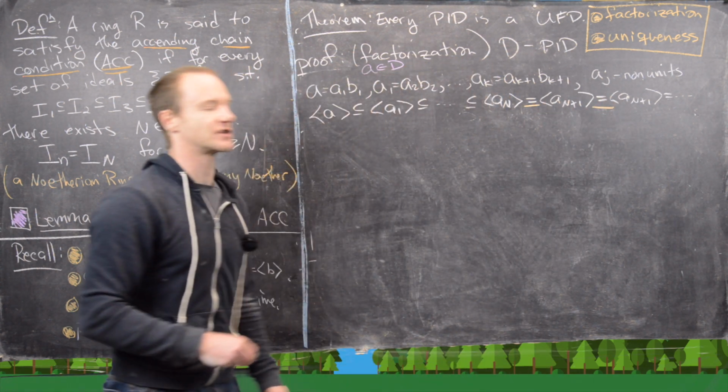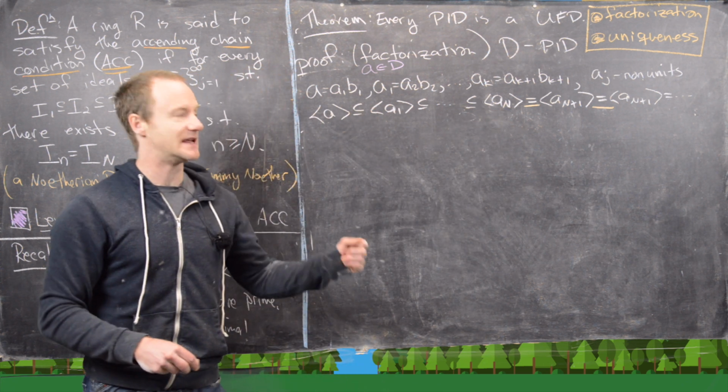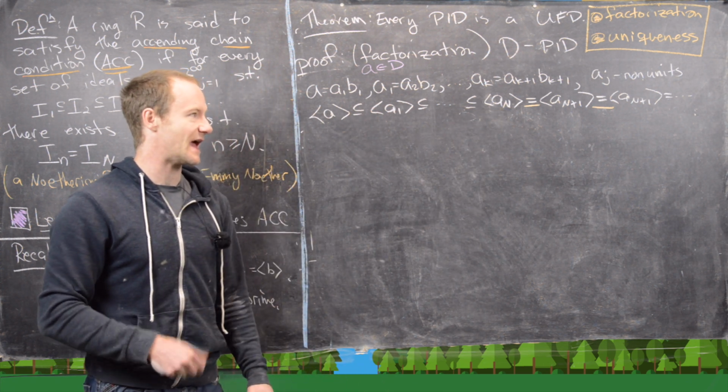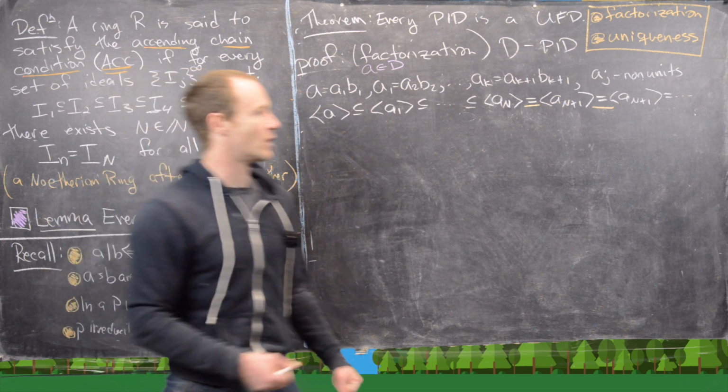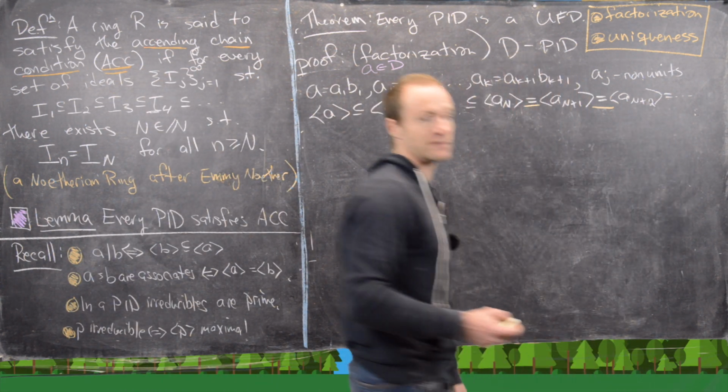In other words, after a certain point, they are all the same. So we have the one generated by AN is equal to the one generated by AN plus 1, and the one generated by AN plus 2, and so on and so forth.